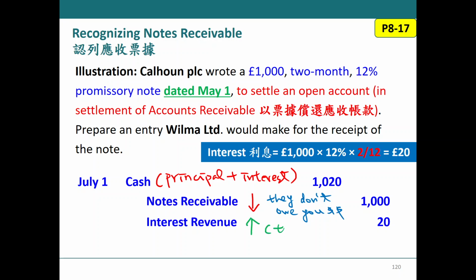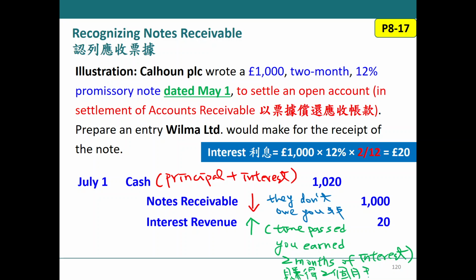Because time passed, you earned 2 months interest. 赚得2个月利息。Okay, any questions?